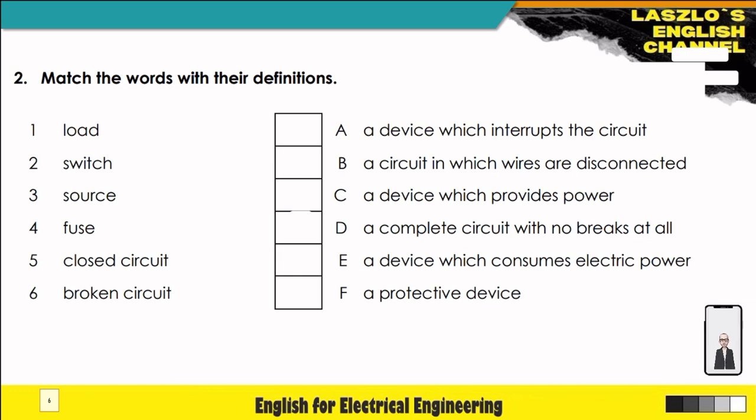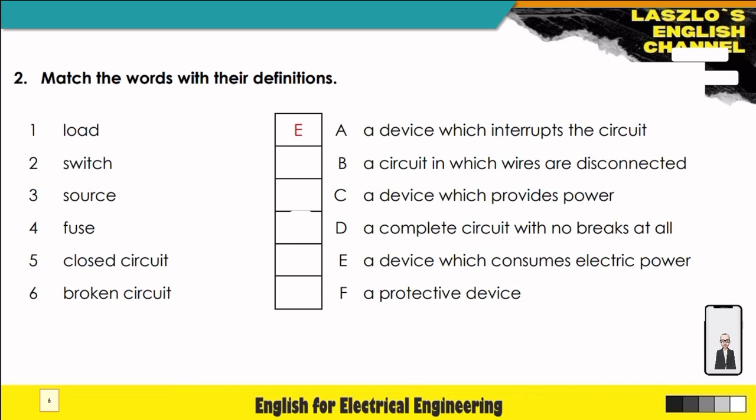D, a complete circuit with no breaks at all. A device which consumes electric power is E, and F is a protective device. Feel free to take a screenshot and connect the words with the definitions. For now, for us, let's just check the answers.